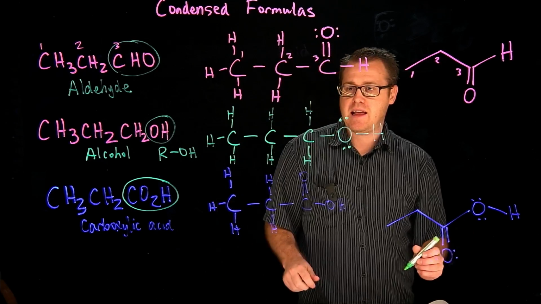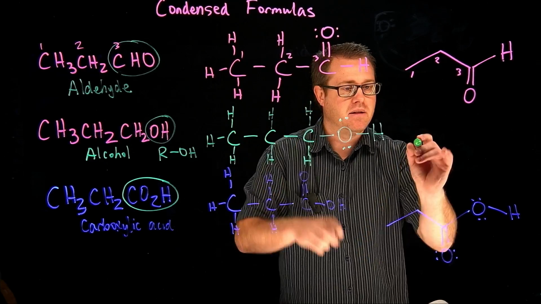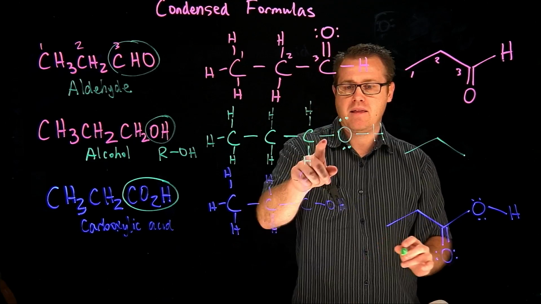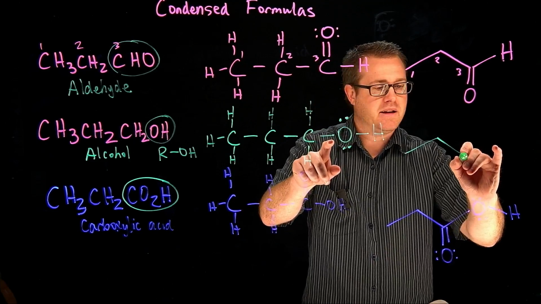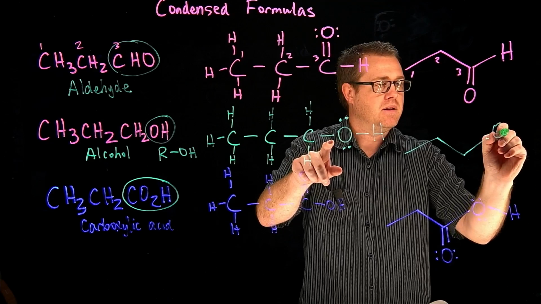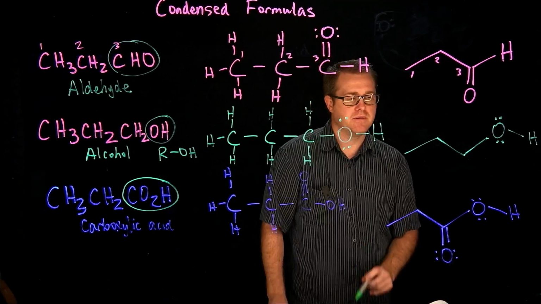And when we convert that Lewis structure into a zigzag, we count our carbons, 1, 2, 3. And then what's directly bonded to carbon 3 is an oxygen atom. And that oxygen atom has the hydrogen and 2 lone pairs.